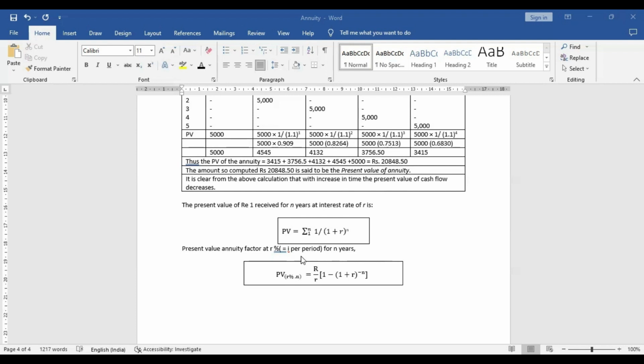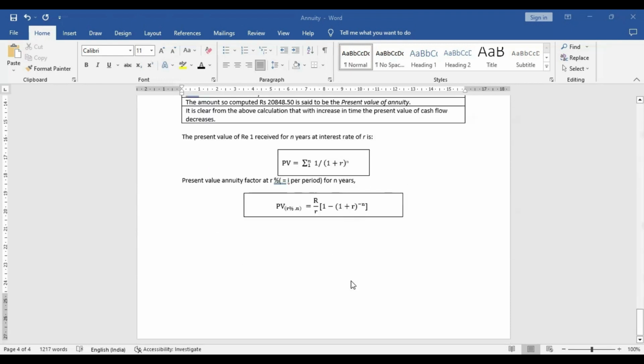Or else we can make use of the formula itself. This is the formula. R is the amount of the installment, and r is the rate of interest. R times [1 minus (1 plus r) power minus n] divided by r. In this way, we are able to calculate the present value of annuity itself.